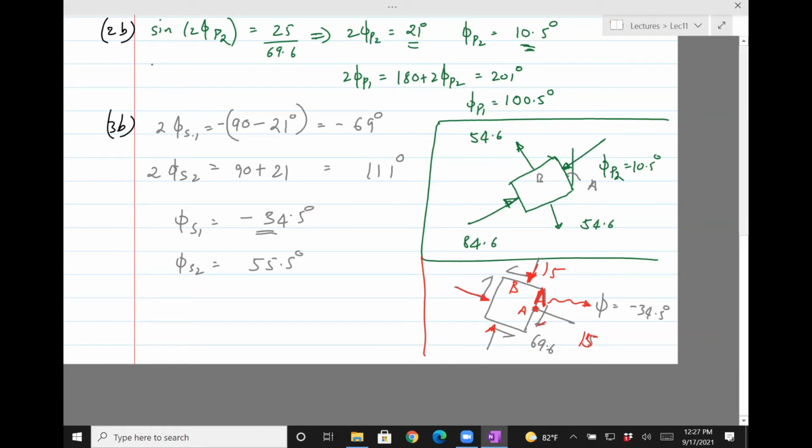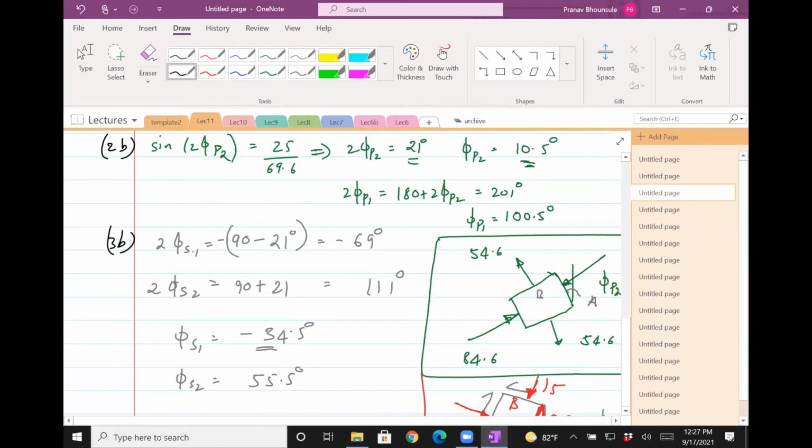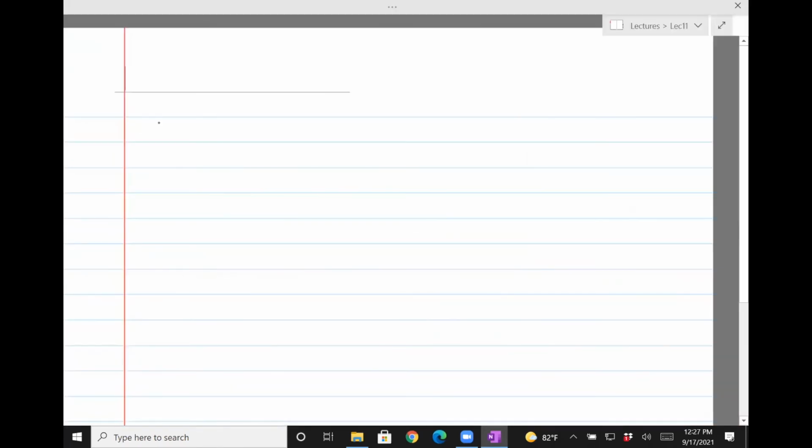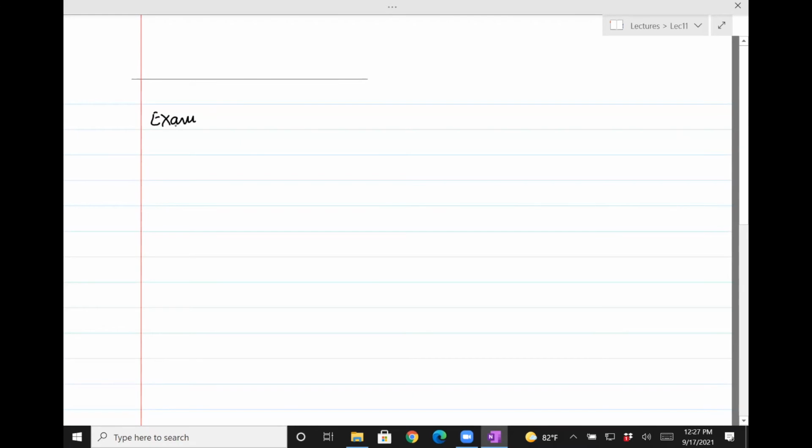Okay, let's do one more question, and it's just a spin-off from this question. So I'm going to use the same cube element. So here's another example. I'm going to draw the same element with the same stresses.